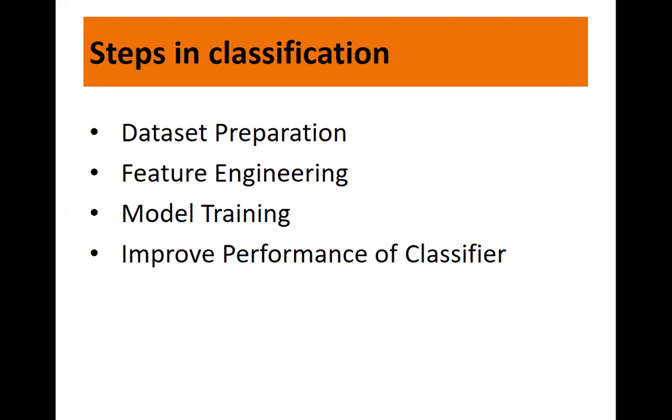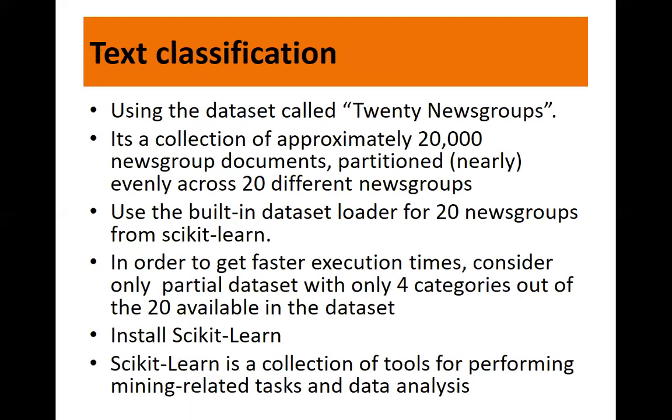Now, here we'll be doing the text classification using the 20 newsgroups dataset. It's already available on the internet. It is a collection of approximately 20,000 newsgroup documents partitioned evenly across 20 different newsgroups. That means there are 20 class labels and the dataset size is 20,000 records. It is one of the most popular data sets for text classification.